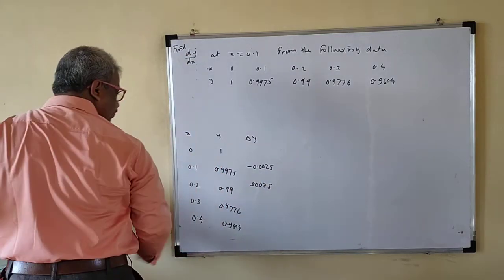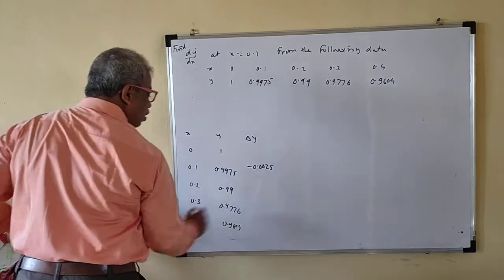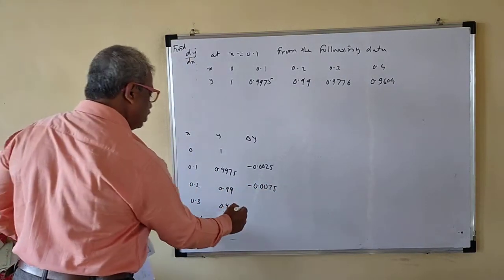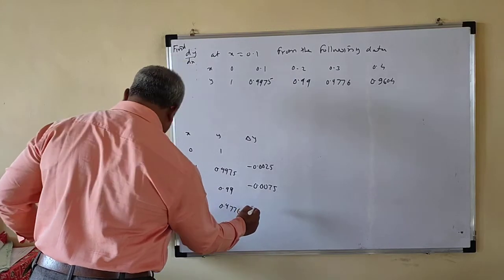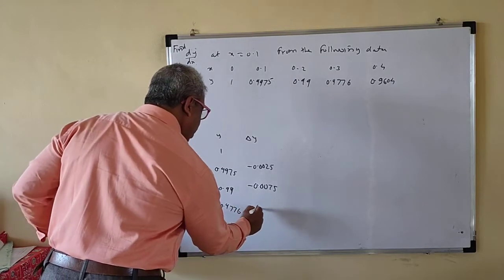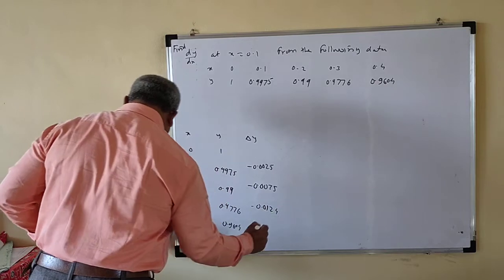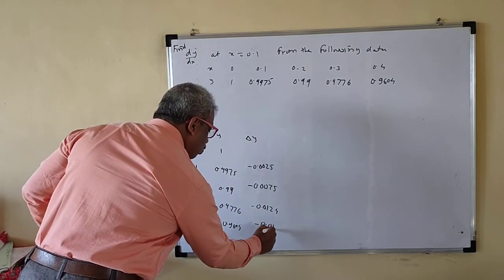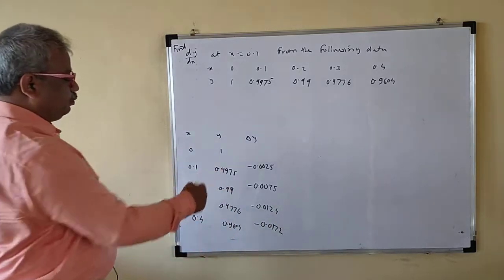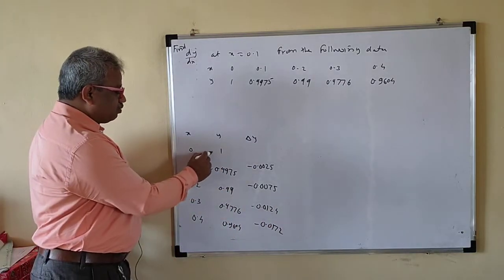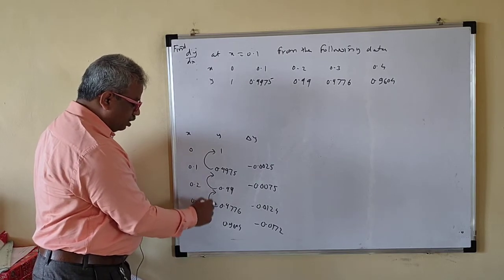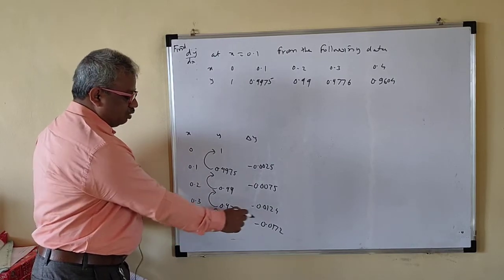Then minus 0.0124, minus 0.0172. What you have to do is write each difference, this minus this, in the next column.